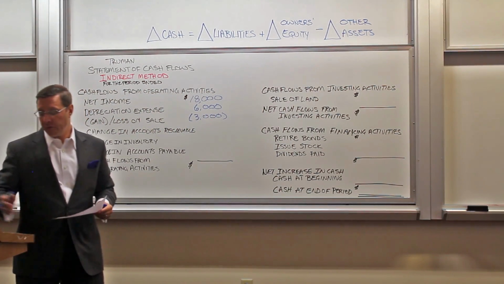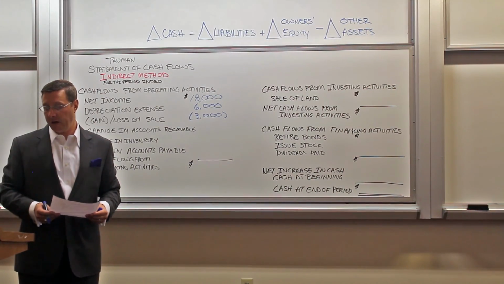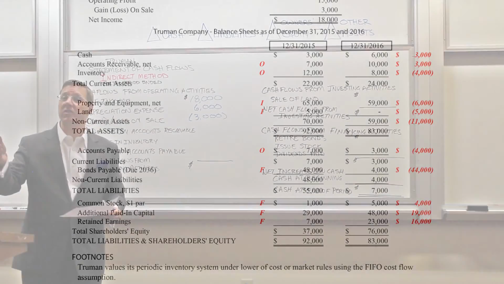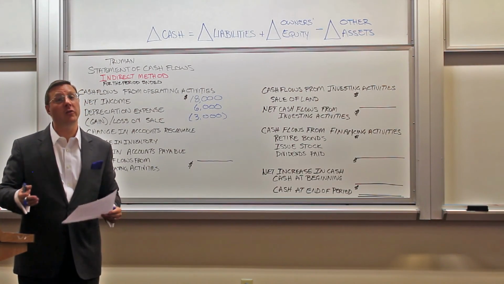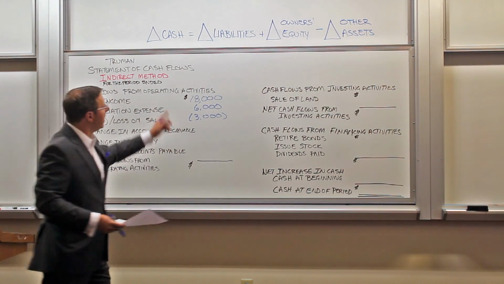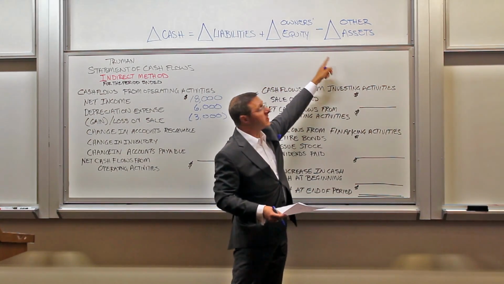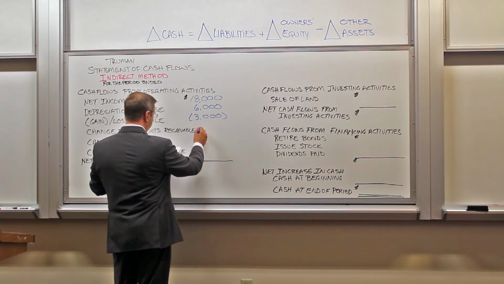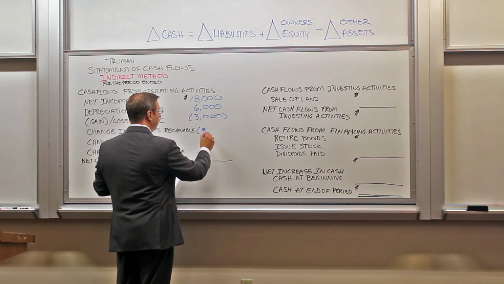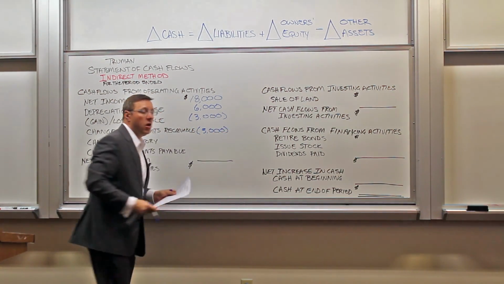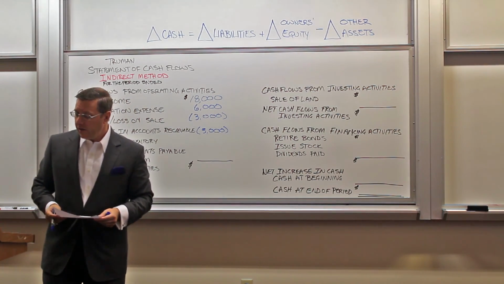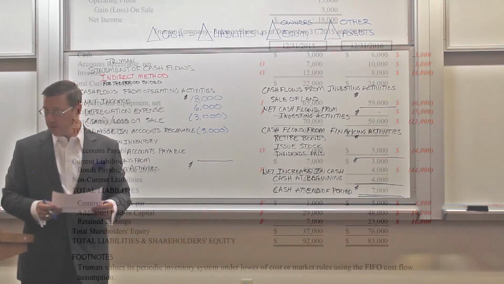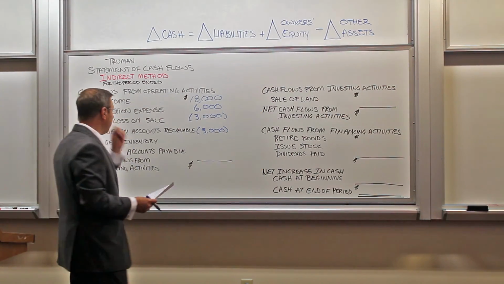Looking at the change that we notice on our balance sheet for accounts receivable, it's a positive $3,000, meaning that our accounts receivable went up from the previous year to the current year by $3,000. Since that is an other asset, we do the opposite sign. We subtract that change in accounts receivable. We next look at inventory. Inventory has a decrease of $4,000 between the previous year and the current year.